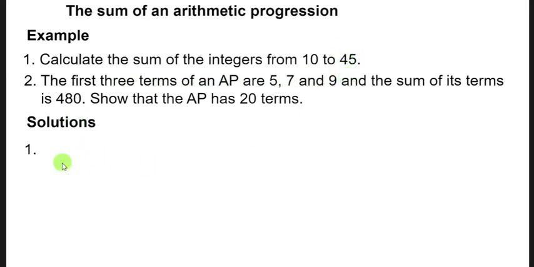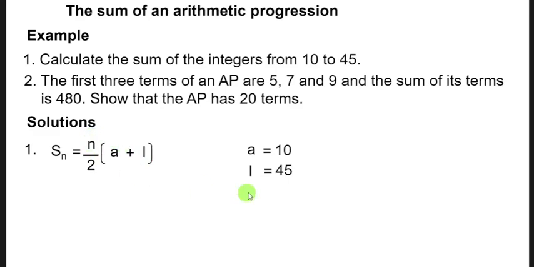So meaning we use this formula Sn is equal to n over 2, then open brackets a plus l. Then what is important now is to start knowing from 10 to 45. So meaning a is the first term, which is 10. Then L is the last term, which is 45.